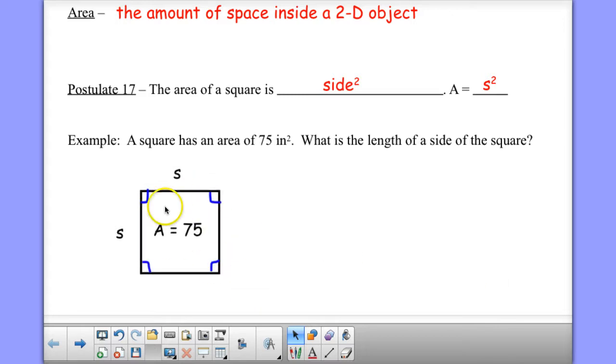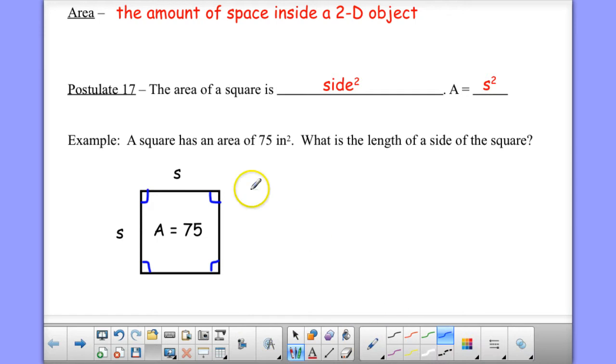Here we have a square whose sides are equal in length, and it has an area of 75. We need to determine what number we can take times itself that would give us 75. Unfortunately, 75 is not a perfect square. There's no whole number that we can take times itself that will give us 75.